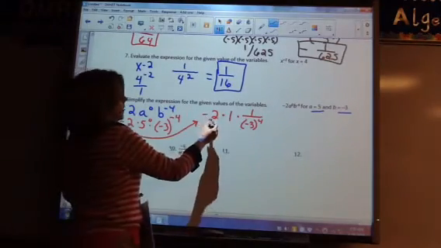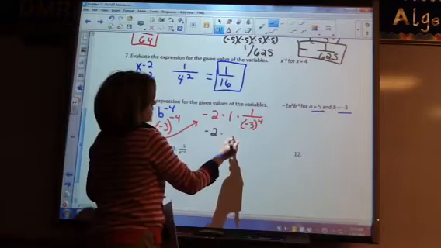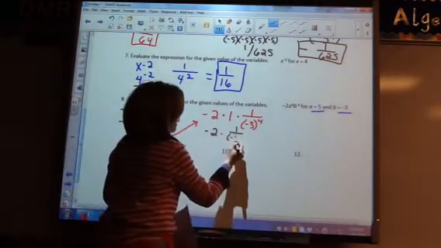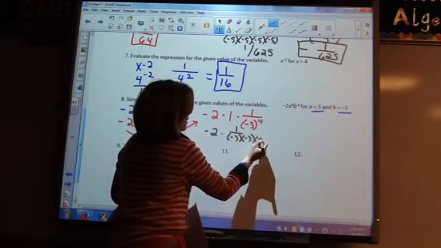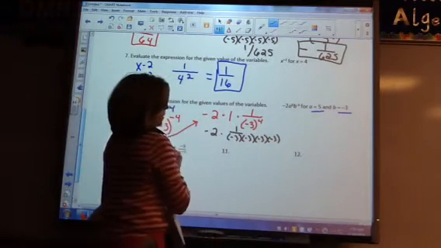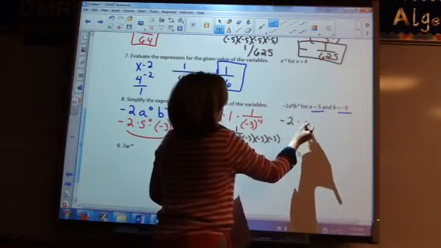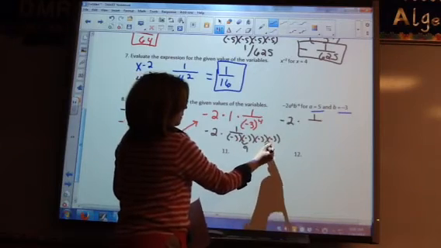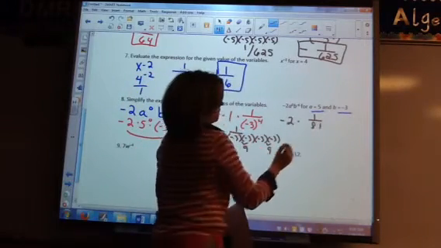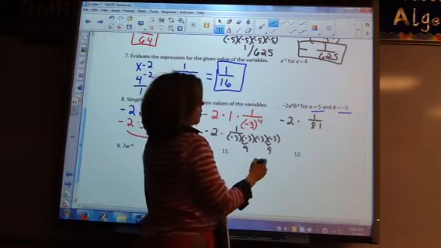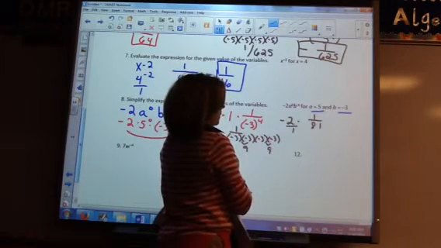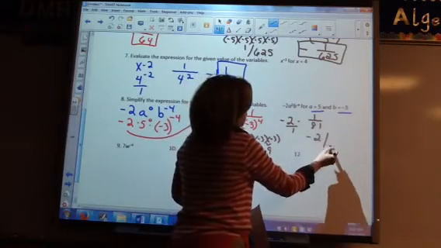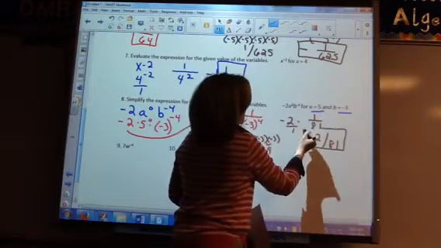Okay, so negative 2 times 1 is negative 2. 1 over negative 3 to the 4th power is negative 3 times negative 3 times negative 3 times negative 3. So I have negative 2 times 1 over, well, that's positive 81. Keep going, we can simplify more. So make this negative 2 a fraction, so I have negative 2 over 81 as my final answer there.